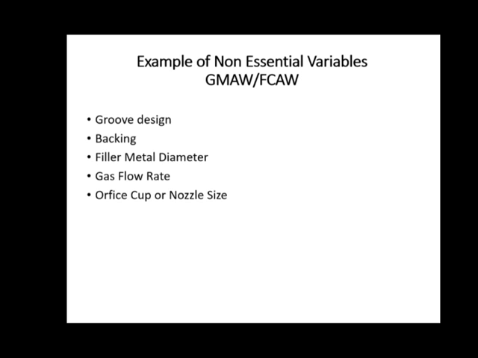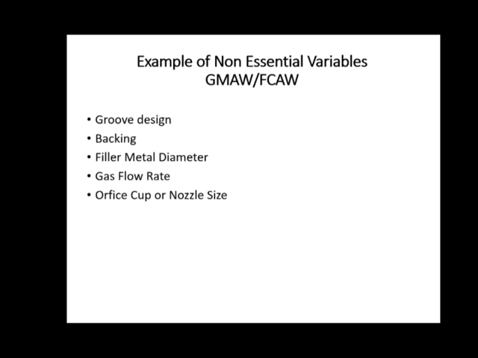But it doesn't affect the end product as far as mechanical properties, metallurgical properties, or chemical resistance type properties. Same with gas flow rate. I need to address it on the WPS, but it's not a game changer. It doesn't change the mechanical properties.